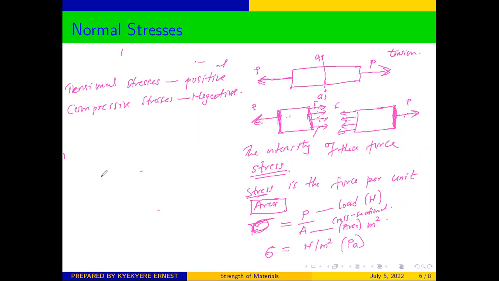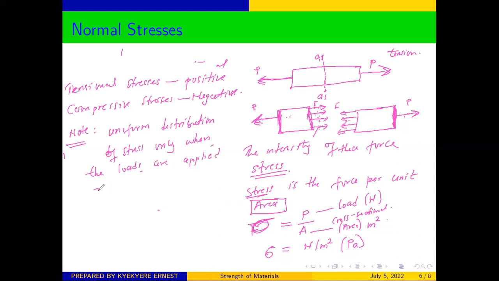Now, we assume that the stress distribution here is uniform, but take note that we can only get a uniform distribution of the stress only when the loads or the forces are applied at the centroid, or when the load passes through the centroid of the member or the bar.